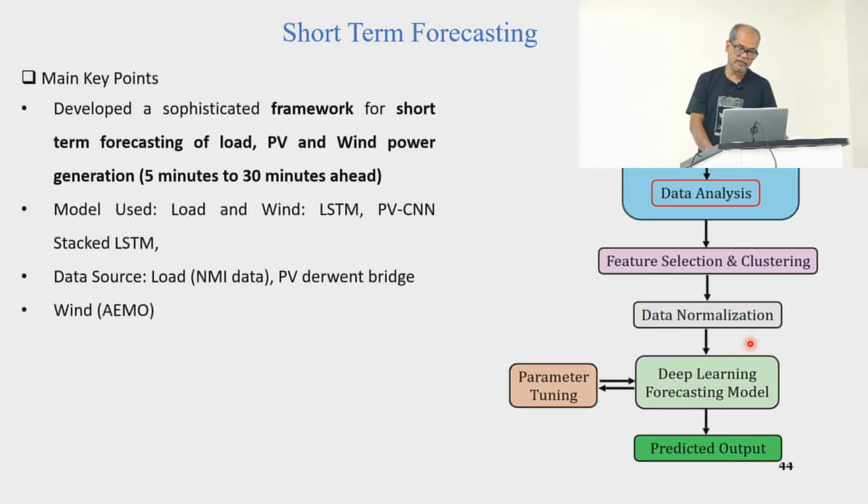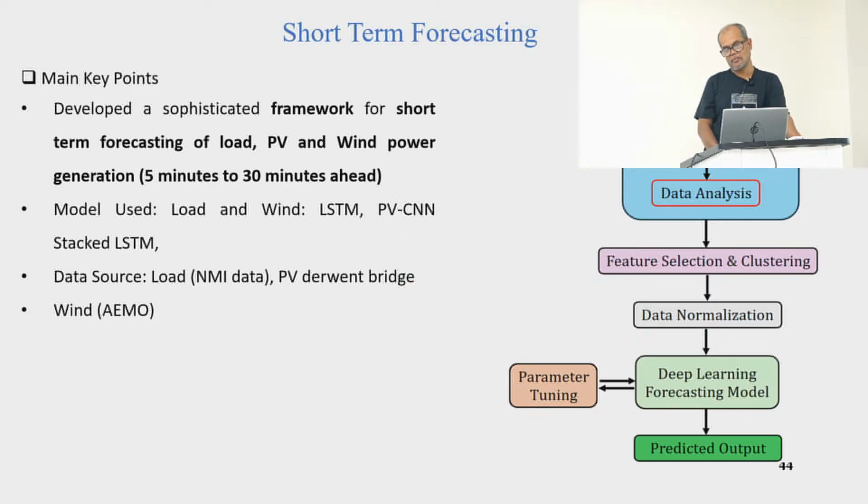And then we also did short term forecasting. For short term forecasting we mostly use LSTM, which people use widely in the literature. We also use PVCNN as well. And then we use data that we collected from our industry partner, but also some data we collected ourselves.